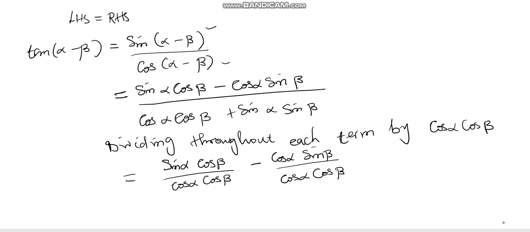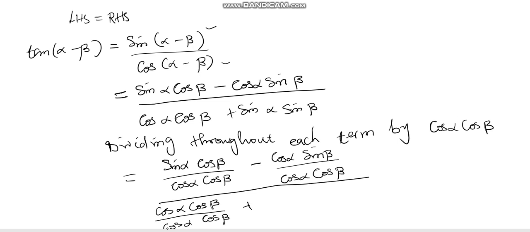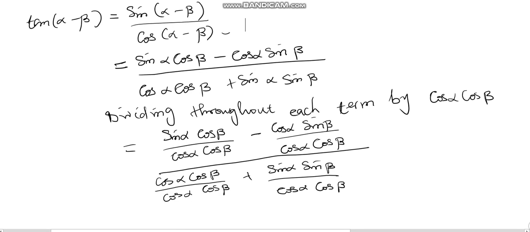Then everything here we divide by the same thing, cos alpha cos beta, plus sine alpha sine beta divided by cos alpha cos beta, like this.